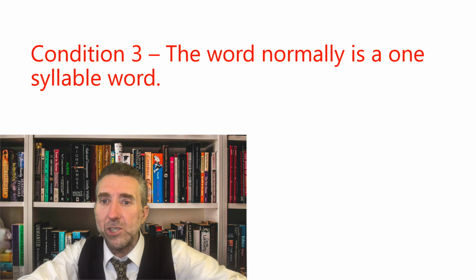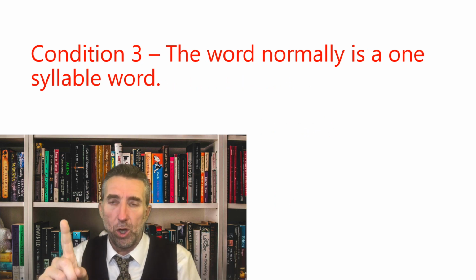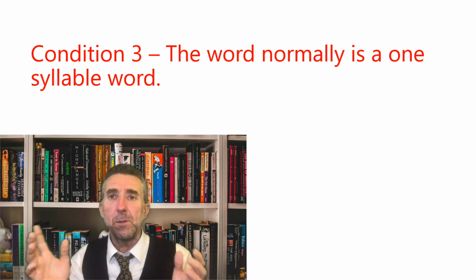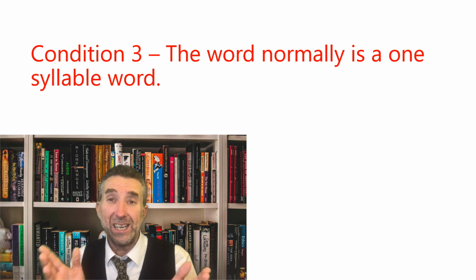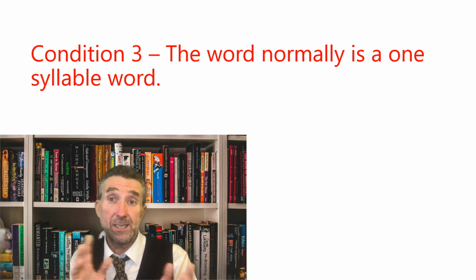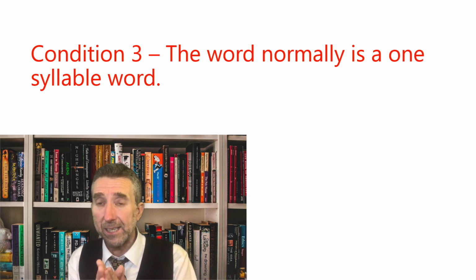Now, the third condition is that the word is normally a one-syllable word. What's a syllable? Well, a syllable is a basic building block of any English word, and in every syllable there is a vowel. A great way to find syllables in a word is this technique.